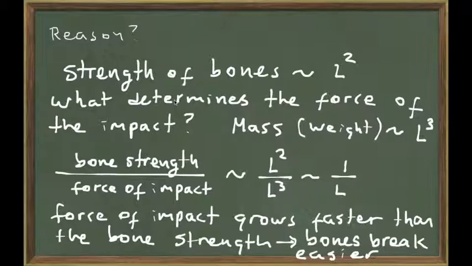So the force of the impact grows faster than the bone strength, and that's what's behind this behavior. The force of the impact scales like the third power of the linear dimension. The bone strength goes only like the second power. So bigger animals tend to be weaker animals. If an elephant, for example, just trips, it can break one of the ribs.